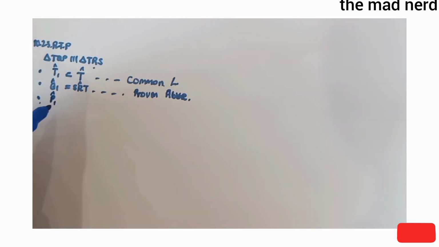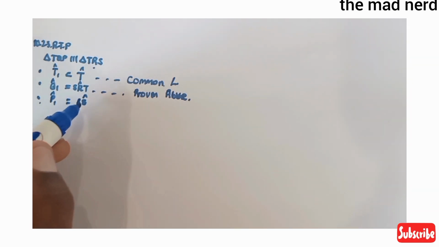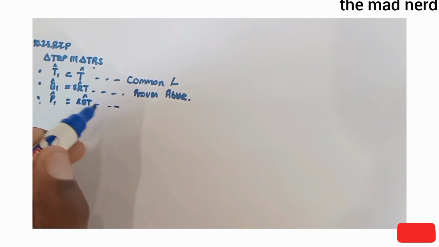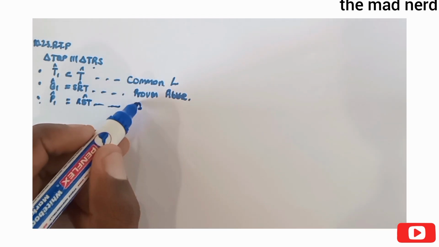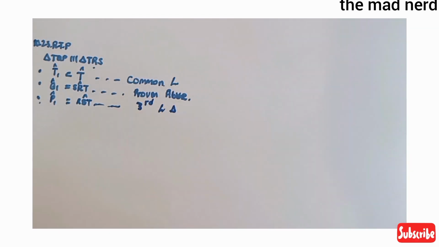So now we have P1, and that is equal to angle S, that is angle RST, and then we can just say it's the third angle of a triangle.